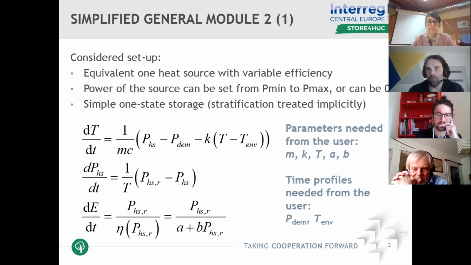Philip will give you also more details on how to perform this disaggregation and how to actually evaluate finally the module operation.